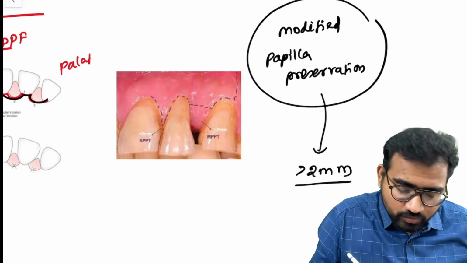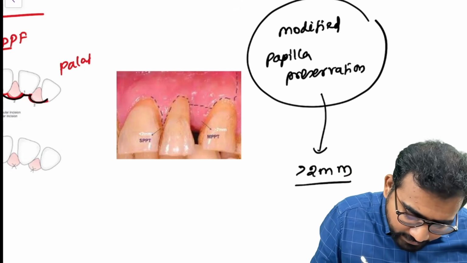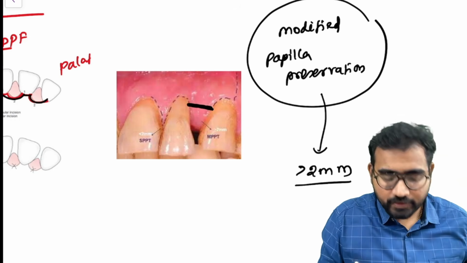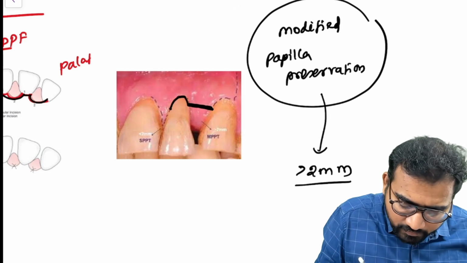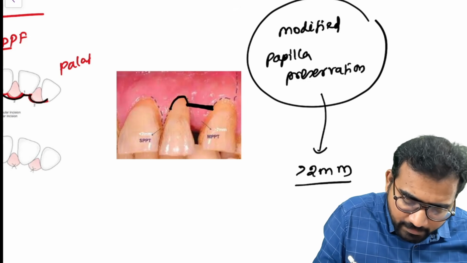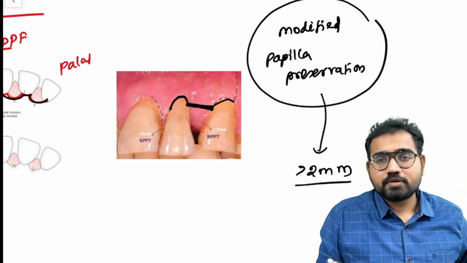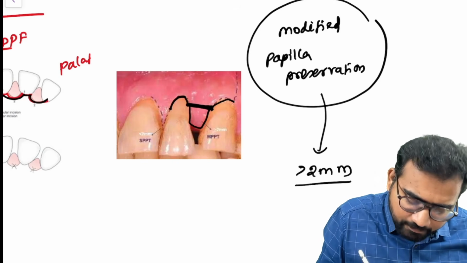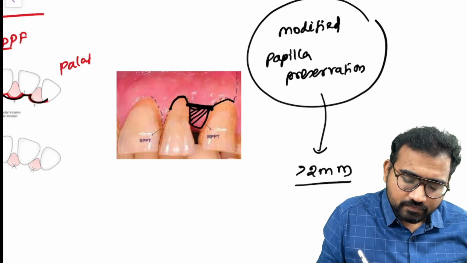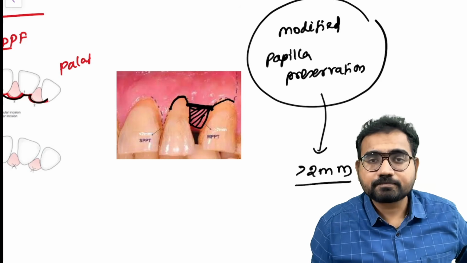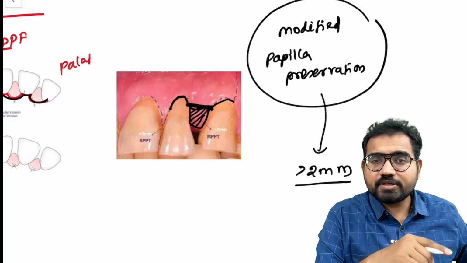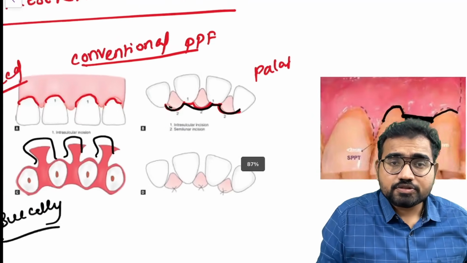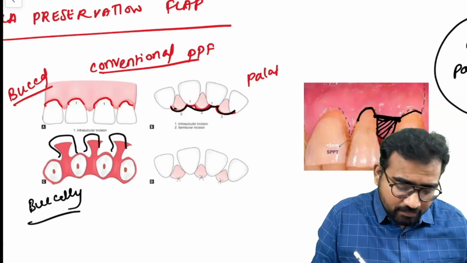I'm going to give a horizontal incision at the base of the papilla, a sulcular followed by horizontal incision at the base of the papilla followed by sulcular. Then I'm going to reflect the entire papilla palatally.